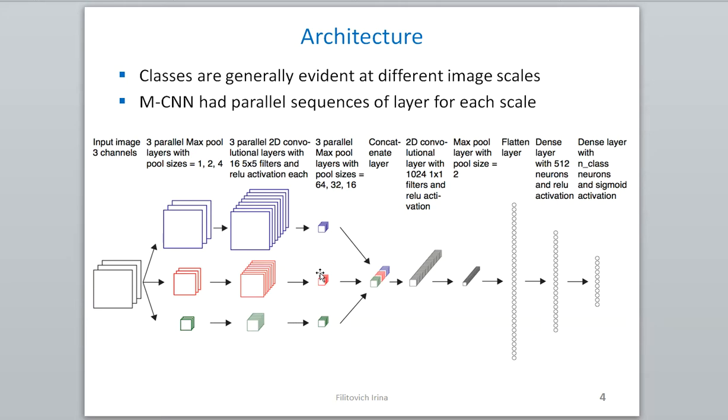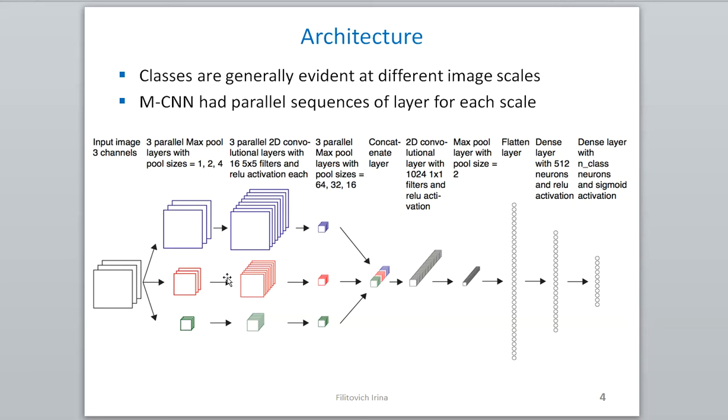One of the challenges with cellular images classification is that, for both biological and technical reasons, classes are generally evident at different image scales. The authors claim that their architecture seamlessly deals with this challenge, training just one network with parallel sequences of convolutional layers.